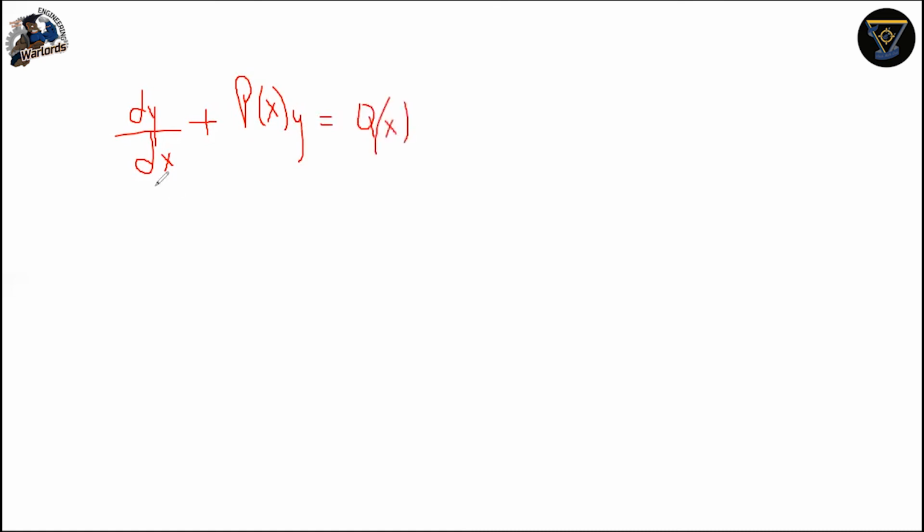So an example of a first order linear differential equation is, let's say, 2 dy over dx plus 2xy is equal to a constant, 4.